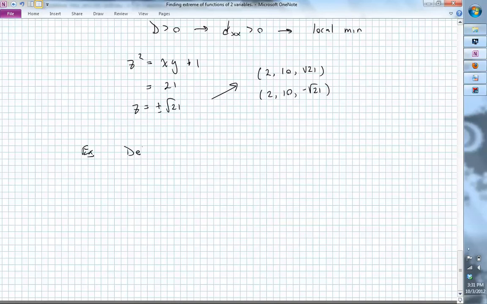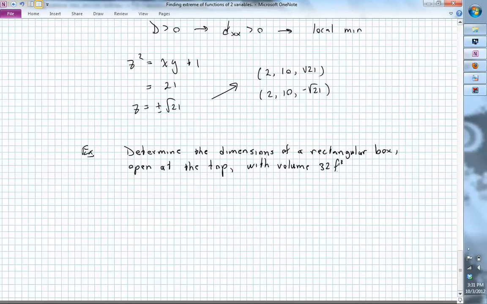So let's determine the dimensions of a rectangular box open at the top with volume 32 cubic feet requiring the least amount of material.